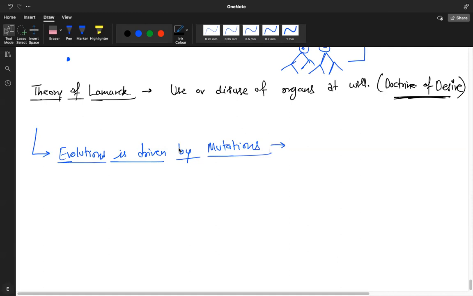But why mutations are mostly deleterious or disadvantageous is because an organism is a perfect thing, not perfect, but a very well functioning thing. Think of an organism as a painting, a complete painting with everything in its place.